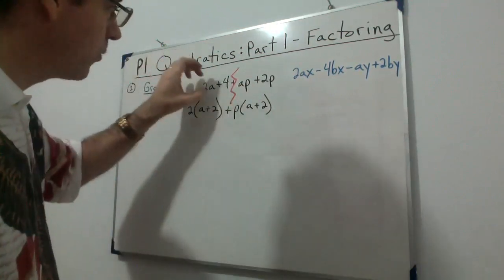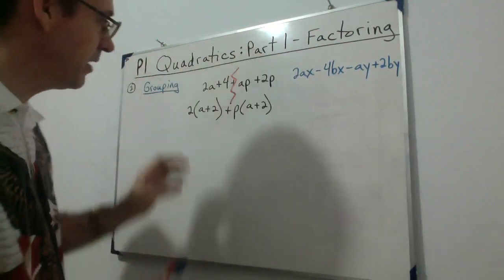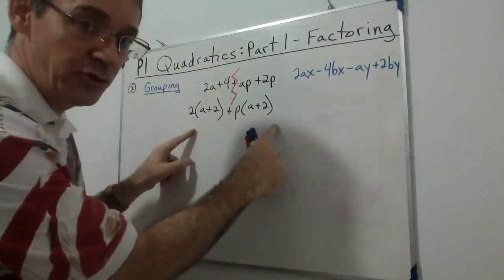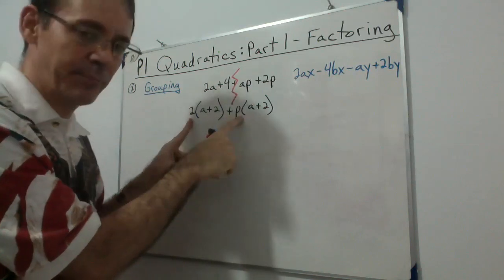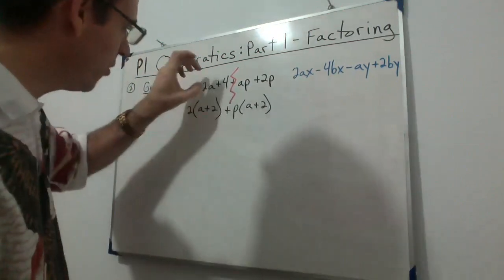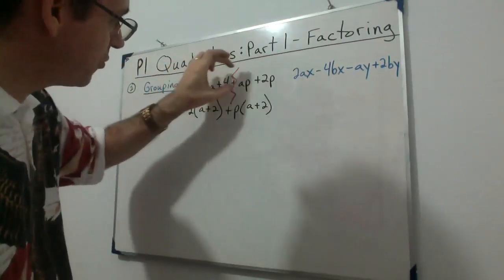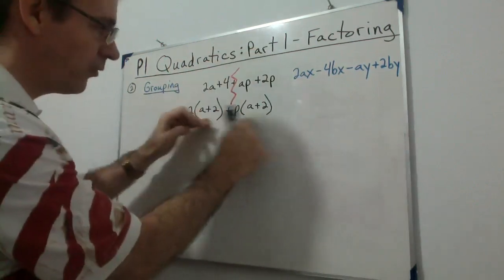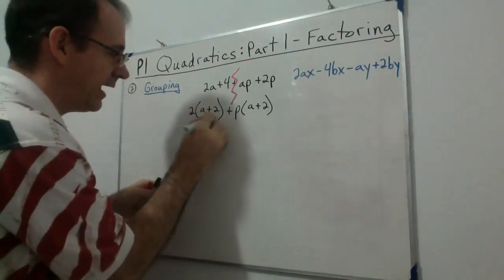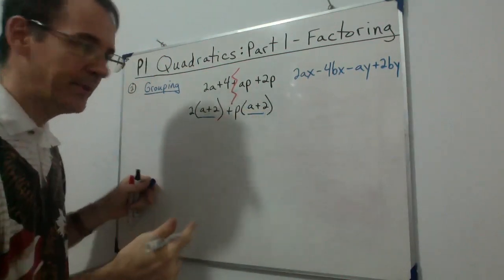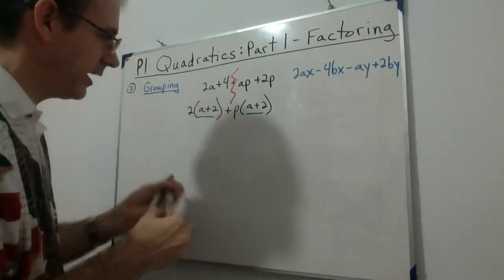So instead of having 1, 2, 3, 4 terms, we now only have 2 terms. Remember, terms are separated by plus and minus, not by multiplication. So this starts off with 1, 2, 3, 4. This one now only has 2, and there is an a plus 2 common to both of these terms.